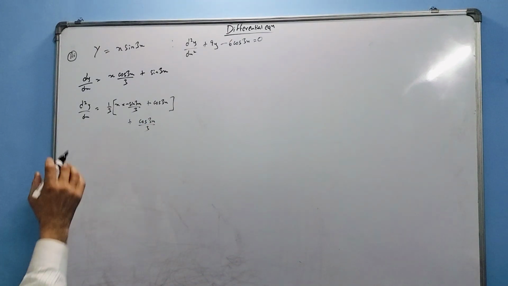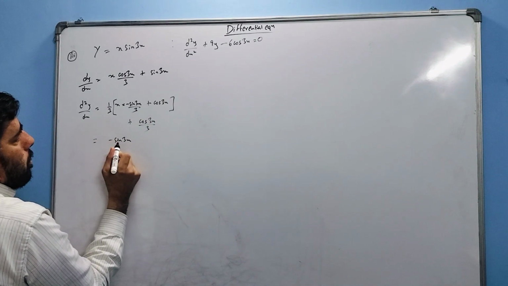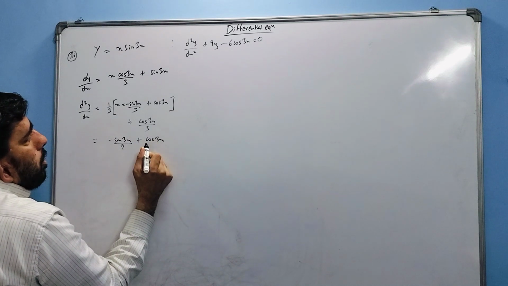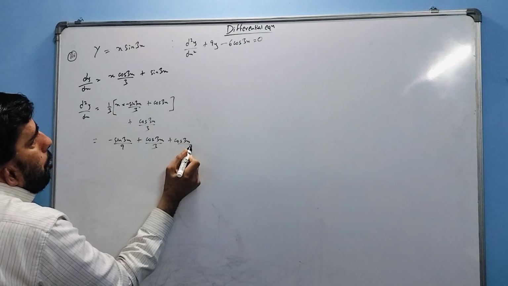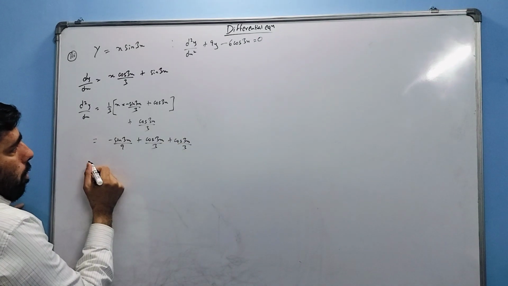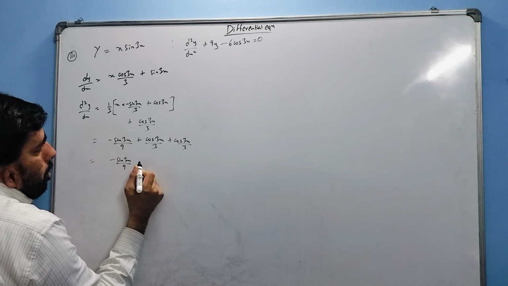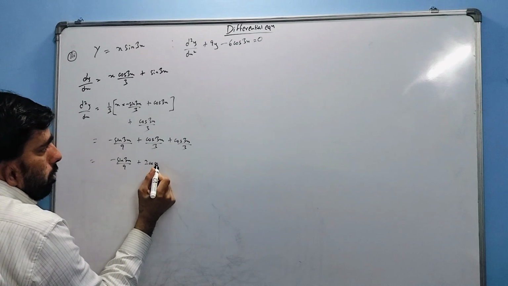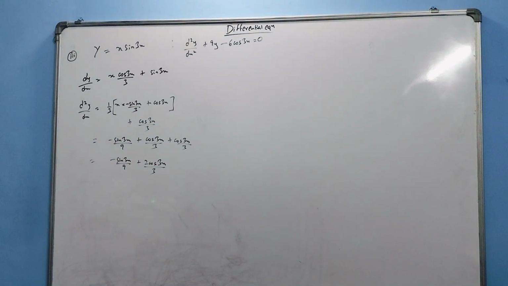Multiplying inside, I get minus sin 3x upon 9 plus cos 3x upon 3 plus cos 3x upon 3, which is minus sin 3x upon 9 plus 2 cos 3x upon 3.